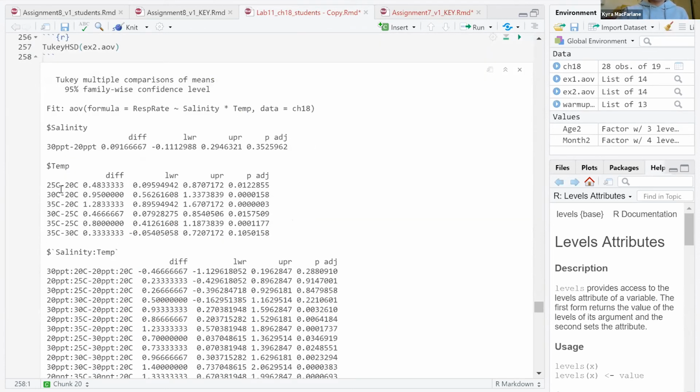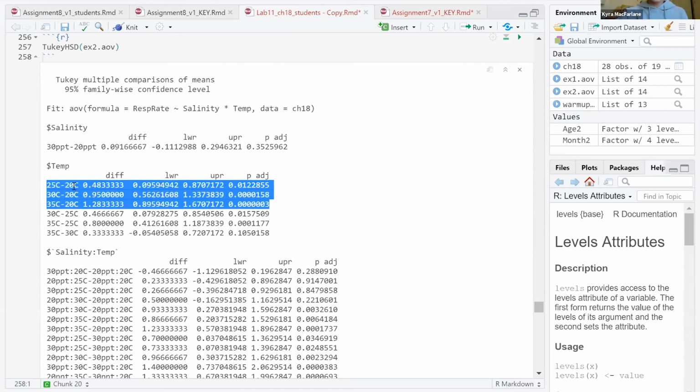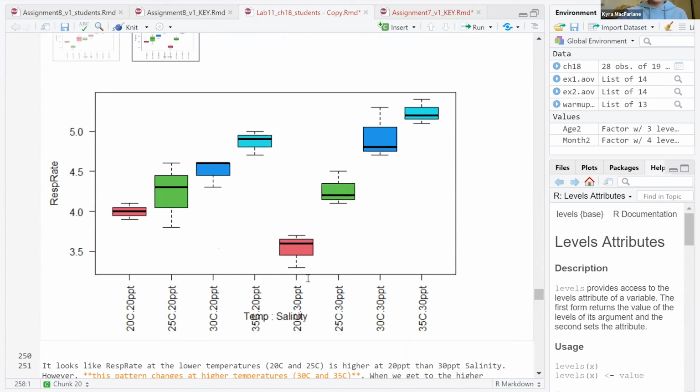Let's look at temperature. Starting with the 20 degrees Celsius chunk, 20 degrees Celsius versus everything else, we find that 20 degrees Celsius is significantly different than all other groups. If we look at this figure, we can see that 20 degrees Celsius, that's that red one, if we averaged those two together, it'd probably be around here, is lower than all the others.